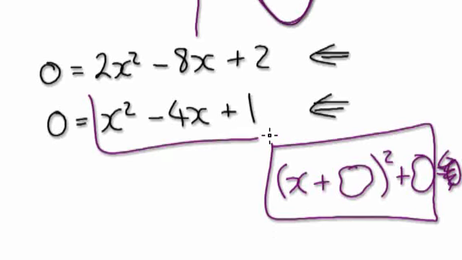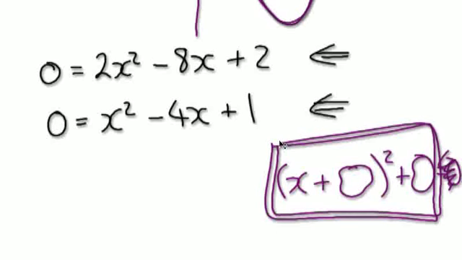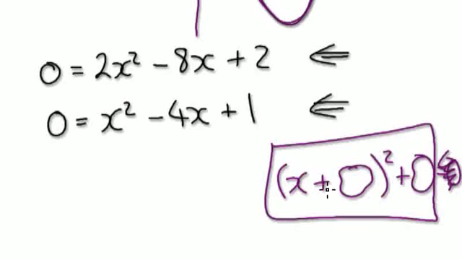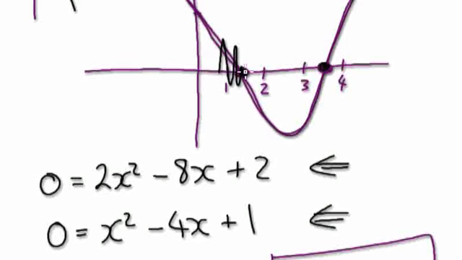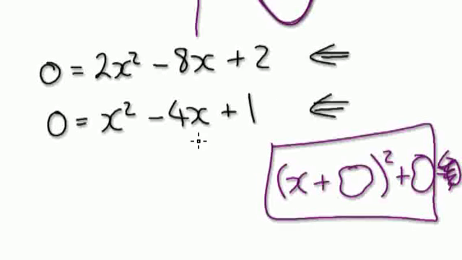We want to rewrite this in this form: a bracket x plus blah blah blah, close it off, square it, and then plus whatever. In order to find these 2 points, we are going to do something similar to completing the square. It's a new term for you, but just watch it through.